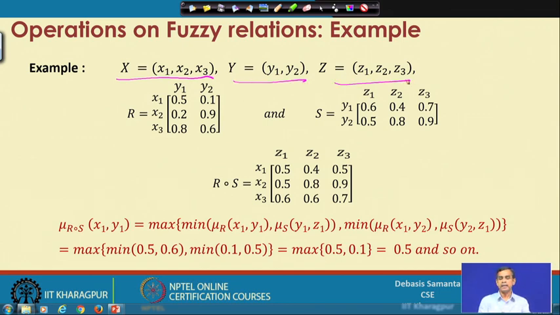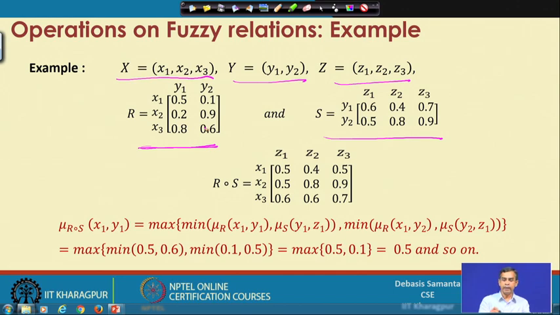We can consider them the universe of discourse for the fuzzy sets. R is a relation defined over the universe of discourse X and Y, and S is another relation which is defined over Y and Z. These entries are given to you.